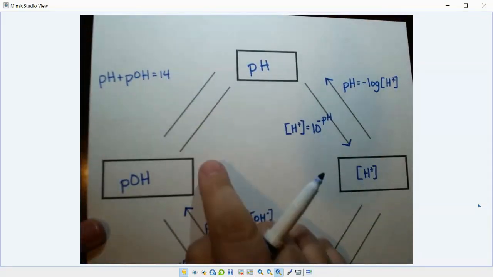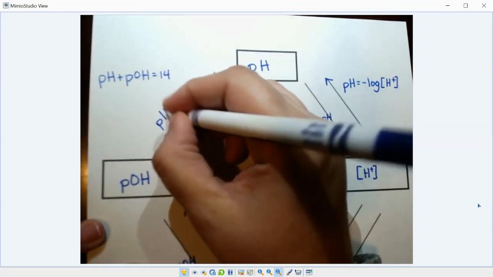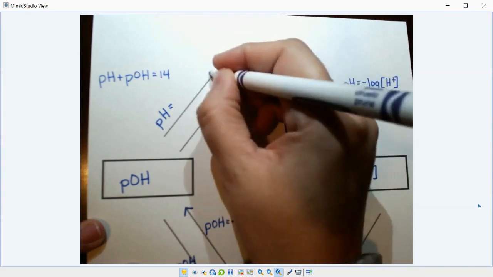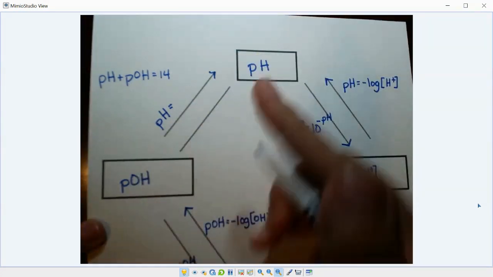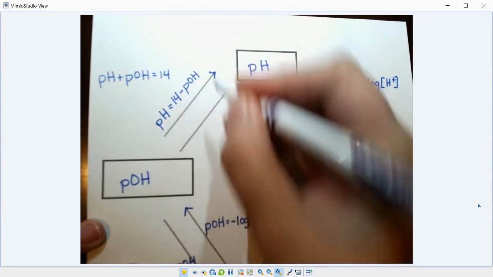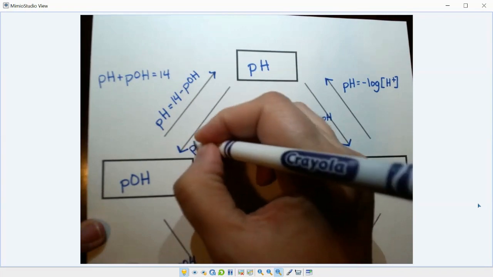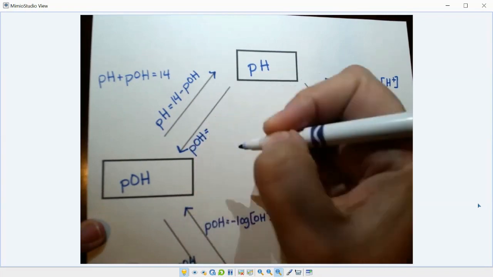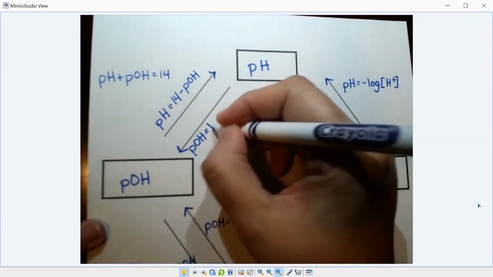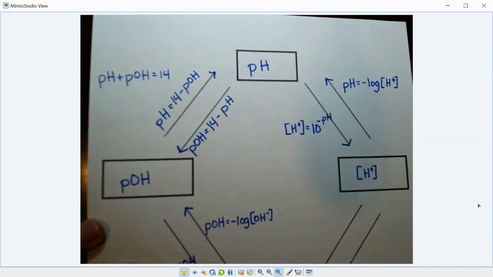So if I know one of them and I want to find the other, for example, if I want to find pH, but I know pOH, I just need to subtract the pOH from 14. So that's pretty simple. And then of course, going the other direction, if I know pH, but I want pOH, then I subtract pH from 14.